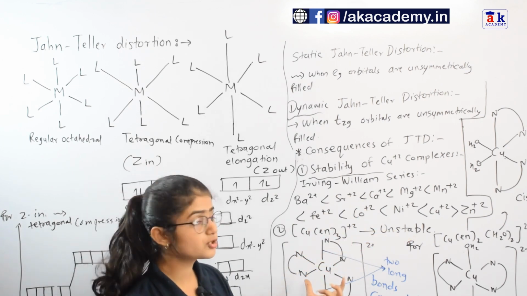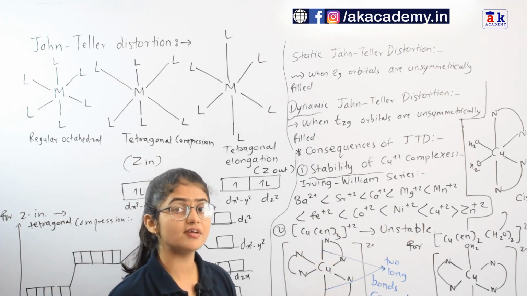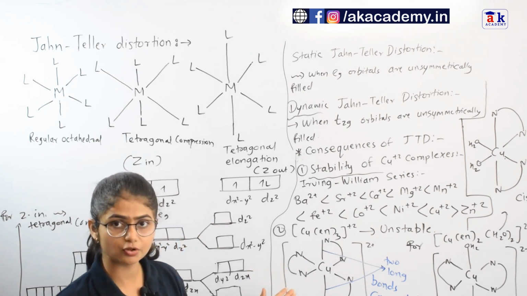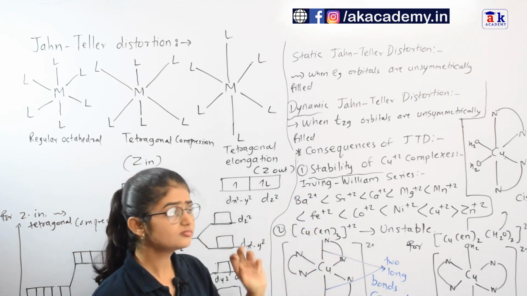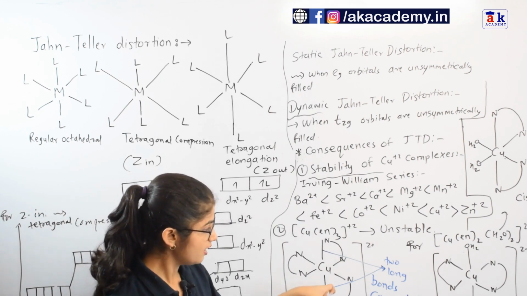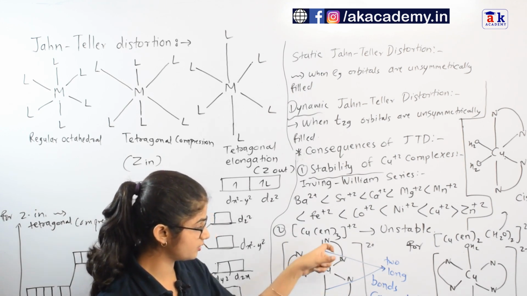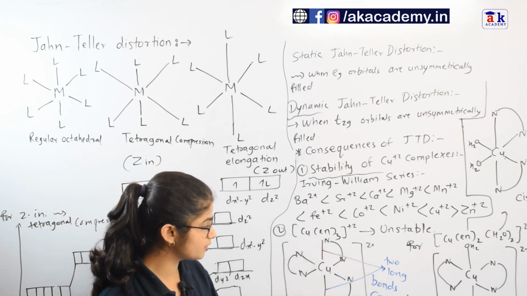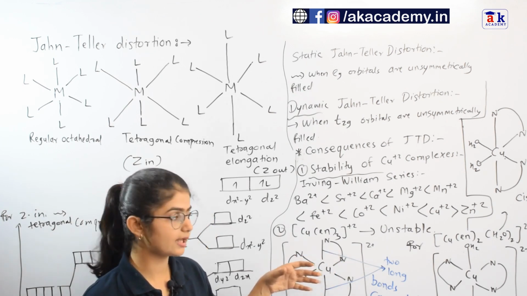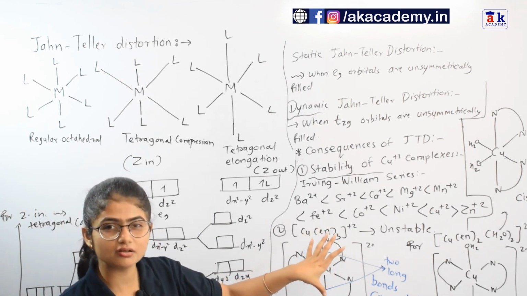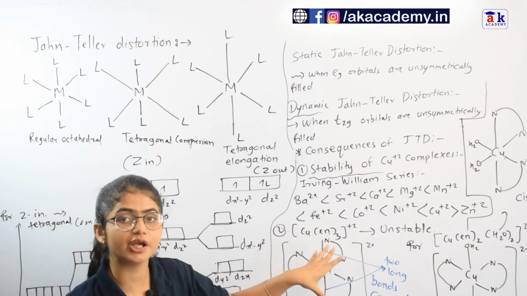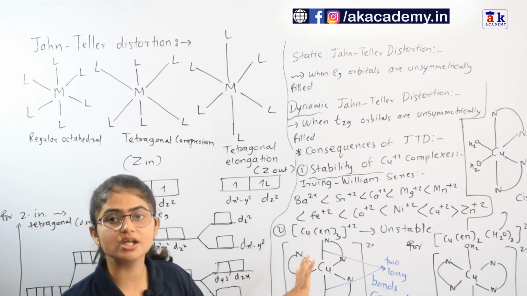When they are chelated, they will be very unstable. Why? If you see this particular scenario, these two axial bonds are longer, and because these two bonds are very long, they cause a lot of strain in the system, and that's why they are very unstable.